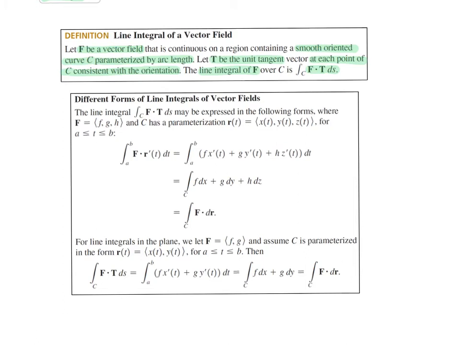Okay, again, working with arc length can be tricky. So let's go back to ds. Remember in the beginning, this ds was the magnitude of r prime of t dt. Think about what this unit tangent vector is. Going back to our vectors, that would be the derivative of our curve over its magnitude.